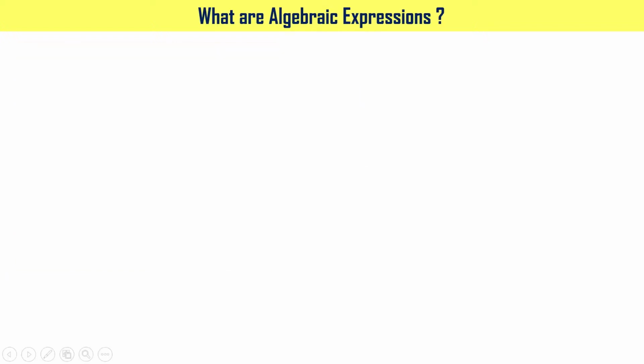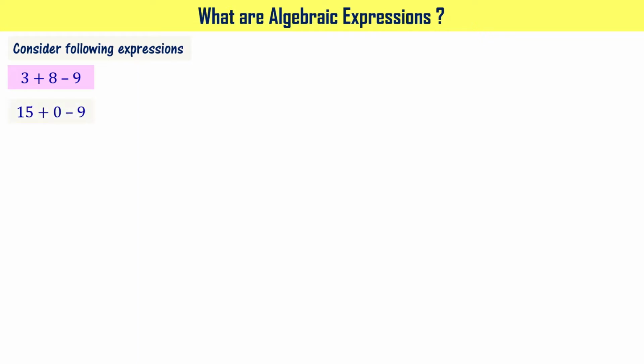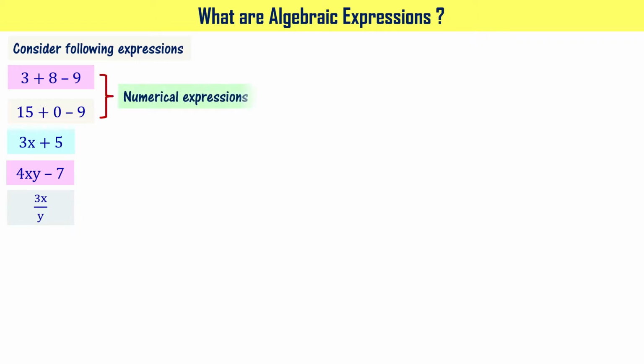Let us learn about algebraic expressions now. Let us consider the following expressions: 3 plus 8 minus 9, 15 plus 0 minus 9, 3x plus 5, 4xy minus 7, 3x divided by y. The first two are called numerical expressions. The reason is that all the terms of these expressions are just numbers, right?